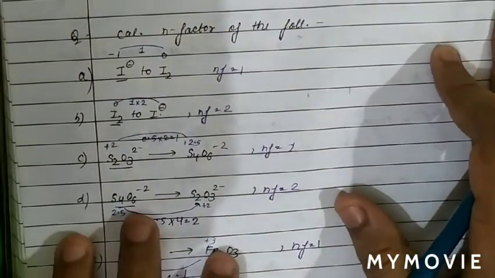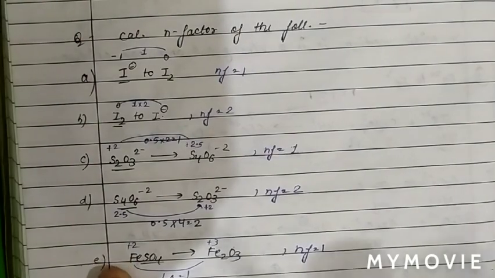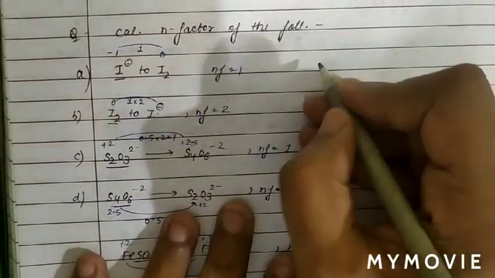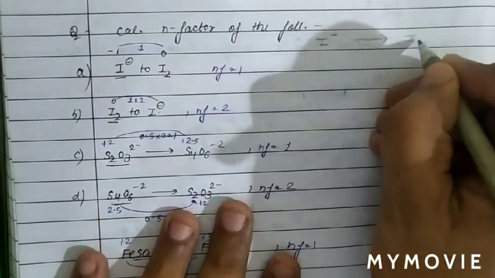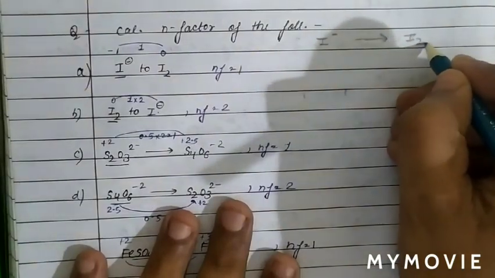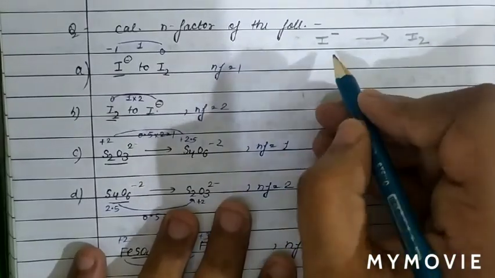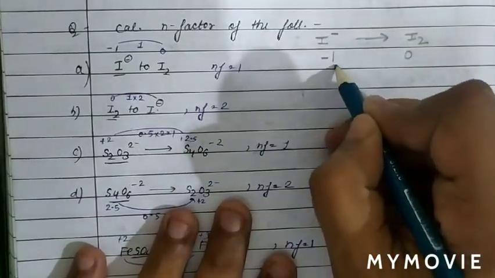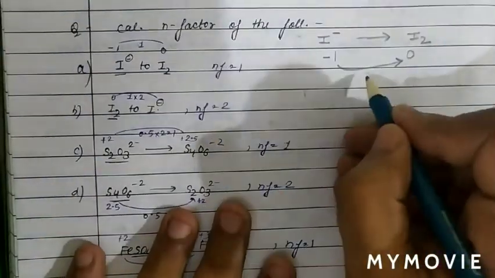So the change in oxidation number for one atom is equal to 1, from -1 to 0. And how many I atoms are present in the left hand side? Only one atom. Therefore multiply by the number of atoms, 1 multiplied by 1, and that is the overall change. So n factor is 1. So when I minus changes into I2, the n factor is 1.